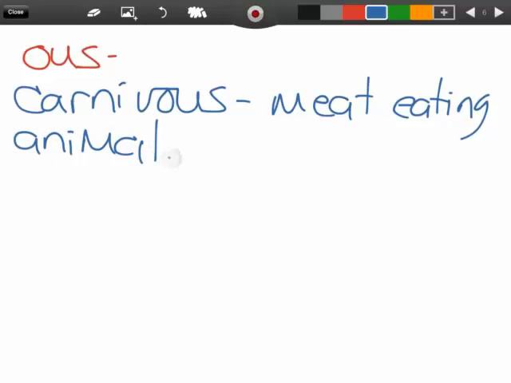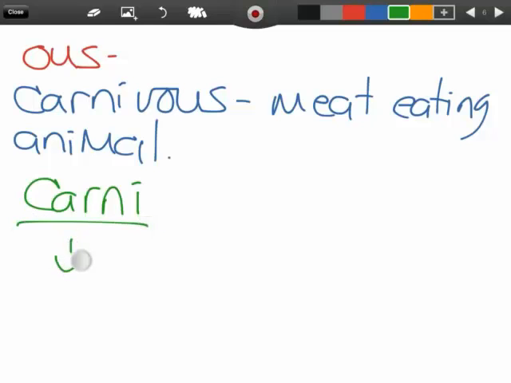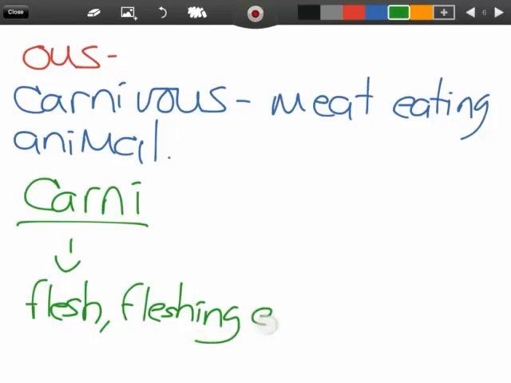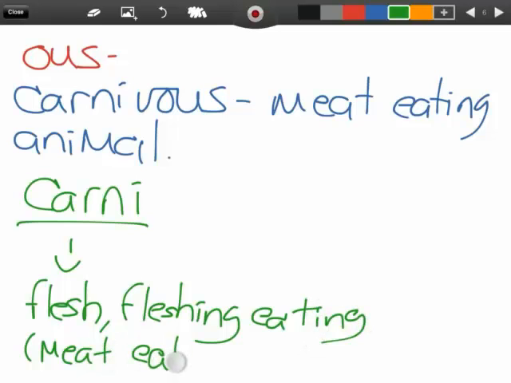I'm going to go ahead and split this word up for you. Carn means flesh, or flesh eating, or meat eating. Sorry about that, meat eating.